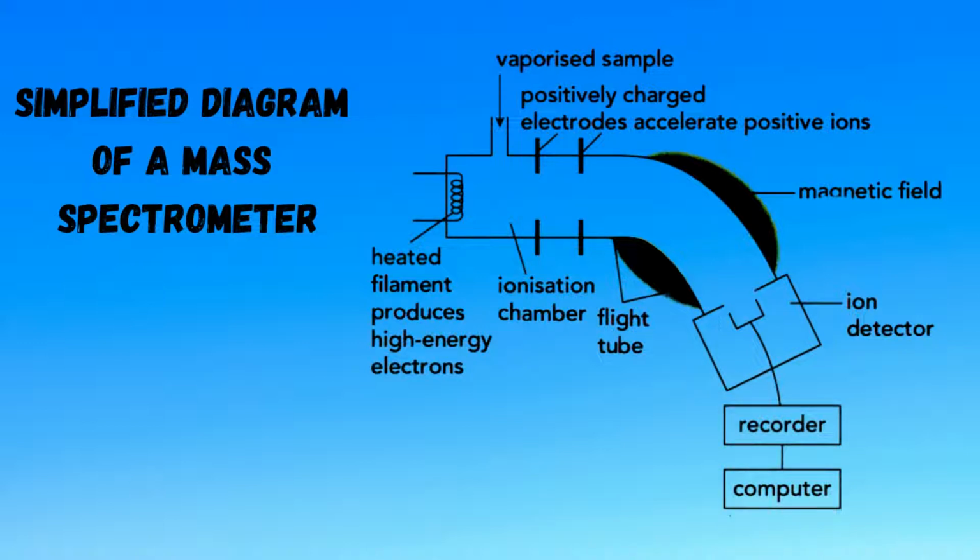There will be positively charged electrodes, and a heated filament produces high energy electrons. The ionization chamber is there, and you can see the ion detector and a magnetic field. So positively charged electrodes accelerate positive ions, and this detector detects the ions, records, and we get a spectrum.